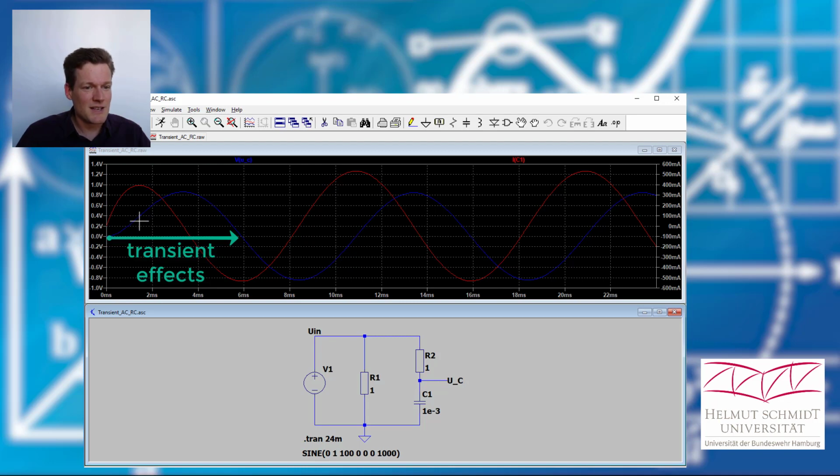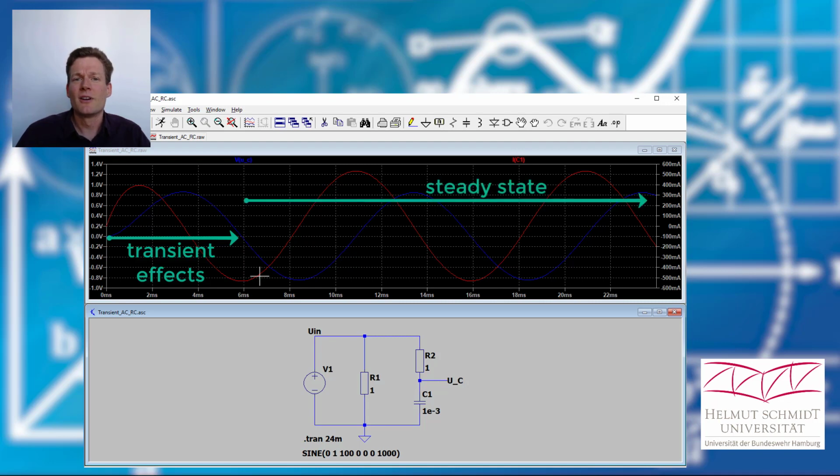It takes some time, maybe until here, until we have the pure sinusoidal waves. But when the circuit reaches the steady state, then all the currents and all the voltages in the whole circuit are sinusoidal and they all have the same frequency.